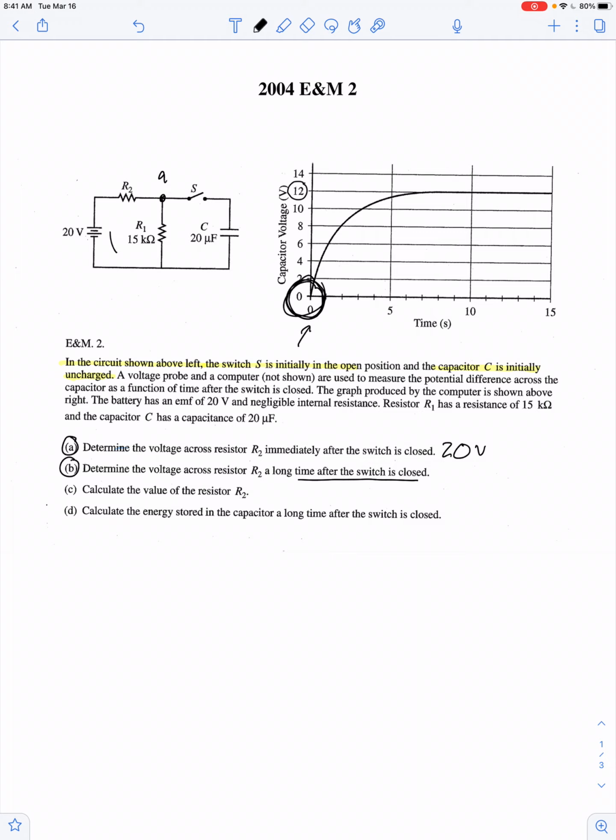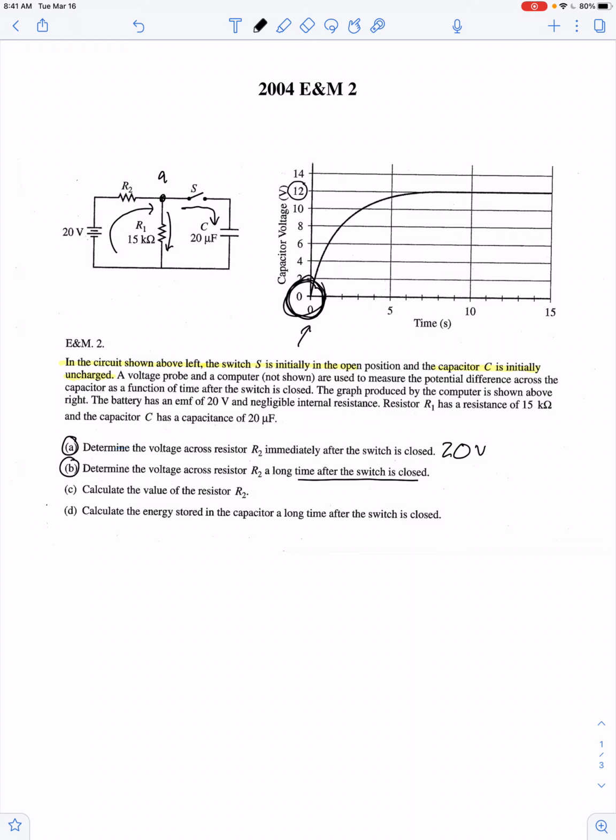Some current flows through the battery. It flows through resistor number 2. It reaches the junction at point A, and now some of it actually will flow through the resistor R1, and some of it flows to the capacitor. I shouldn't really say it flows through the capacitor because that's an insulator.